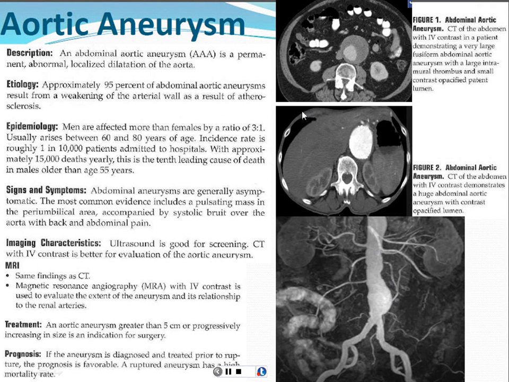This one's not quite as big as these ones, but it's still something you want to keep an eye on. Sometimes if they see it get to a certain size, because of the risk of it rupturing or of getting a dissection, they'll just say, hey, when it gets to 5 centimeters, we're going to do something about it. Usually an endovascular repair, where they just put a stent across through the vessels.